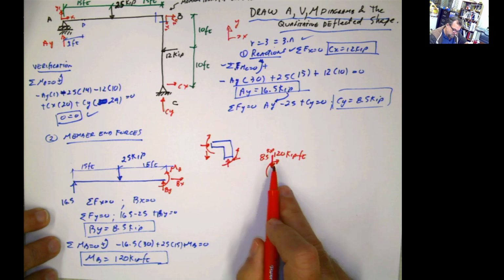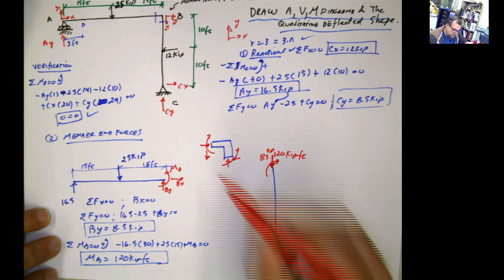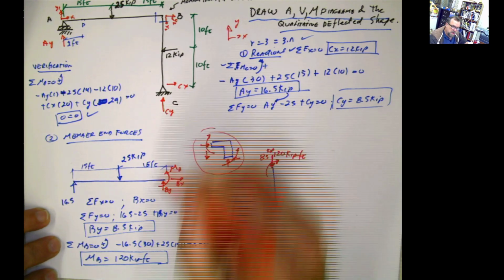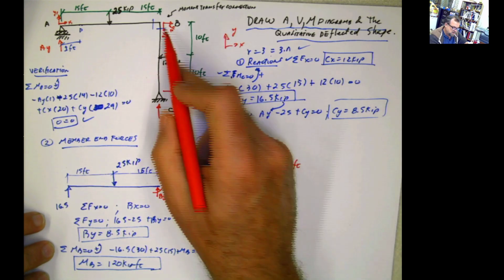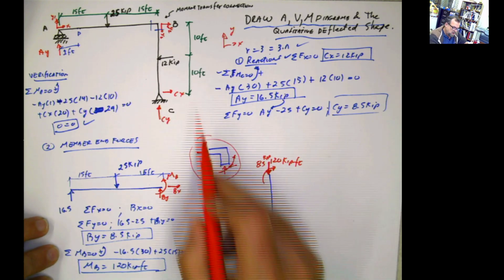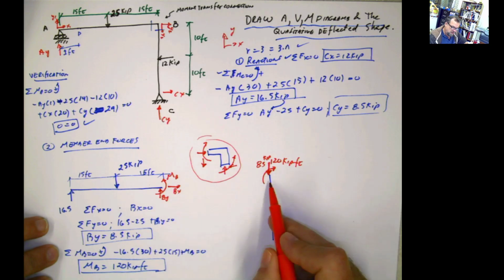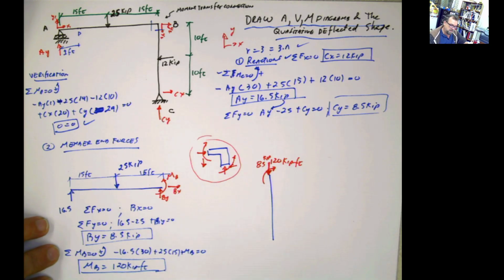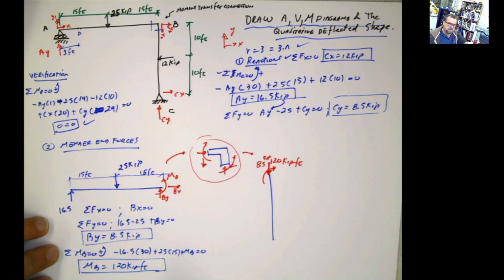This force down, this force clockwise. And that's the way you do it. You don't need to do that, except if you have forces or moments concentrated at that joint. Then it's highly advisable. If you don't have forces or moments concentrated at that joint, you can just jump from here to there. But just keep in mind that the transition is this to that. That's the way it's supposed to transmit the forces.